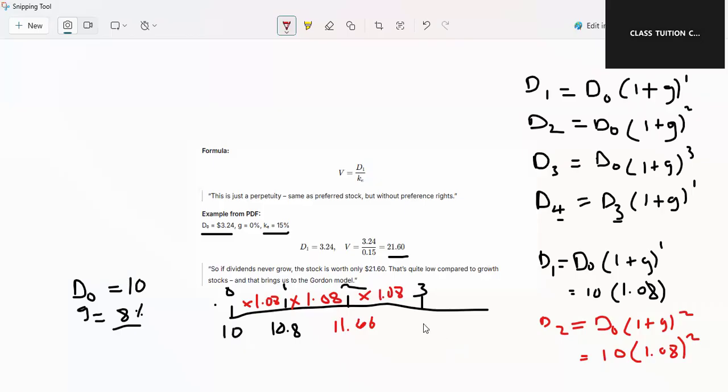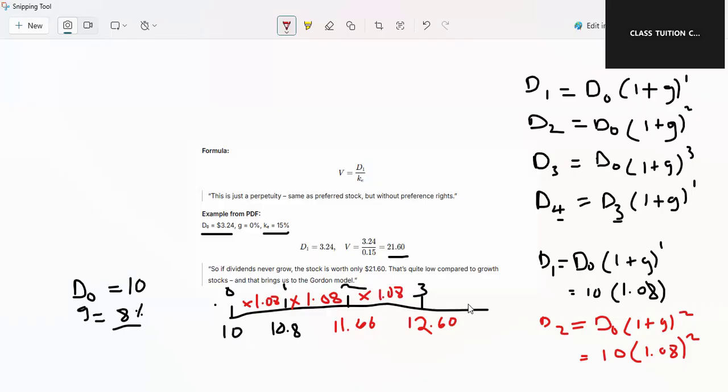That's the quickest way. You're going to get 12.60. So this is what we call constant growth. It's growing constantly. If you were using the formula, D3 is D0 (1 plus g) to the power 3, just to project the future.